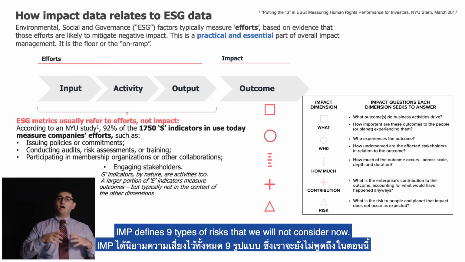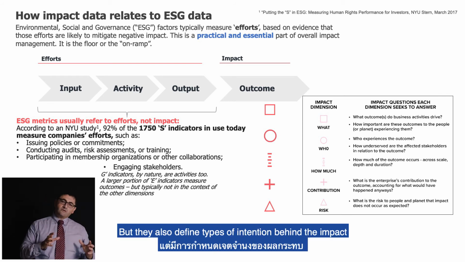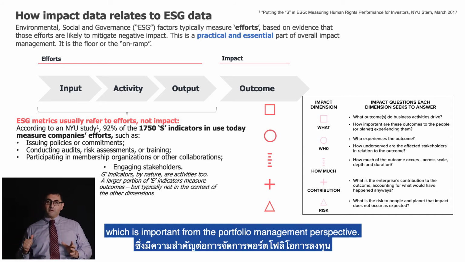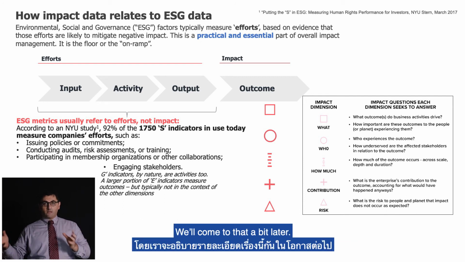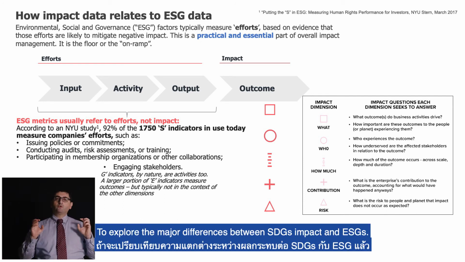IMP defines 9 types of risks that we will not consider now. But it also defines the type of intentions behind the impact, which is important from the portfolio management perspective. We'll come to that a bit later.